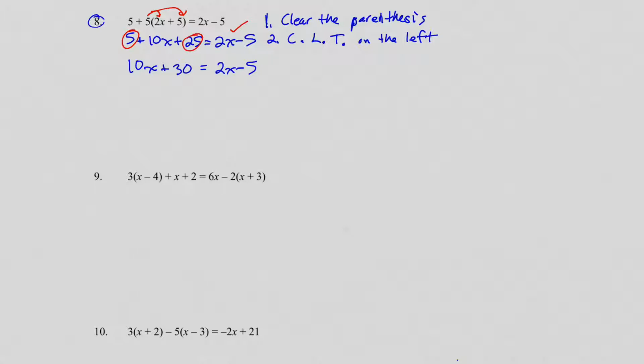Okay, so 5 plus 25 is 30. And now we need to, as you can see, we have our variables on both sides here. So I'm going to collect my x's to the left.